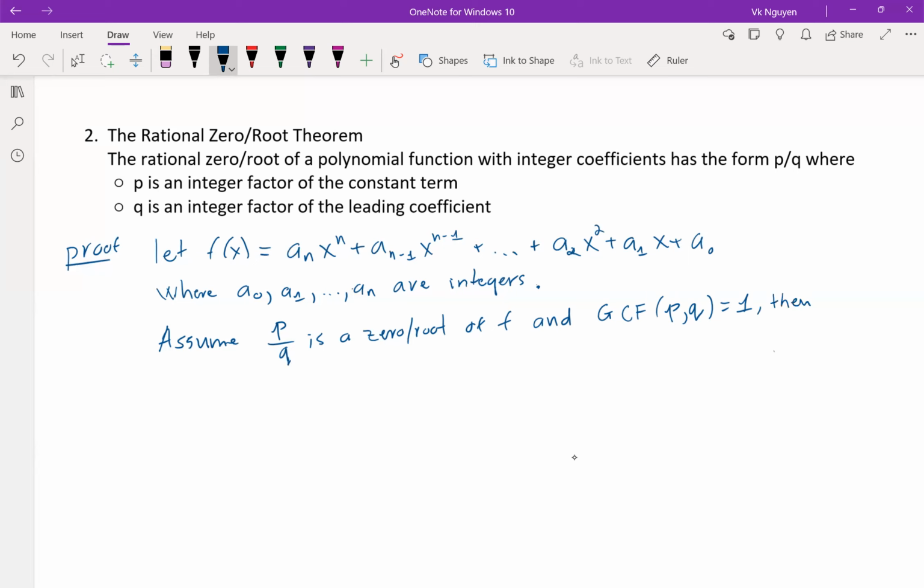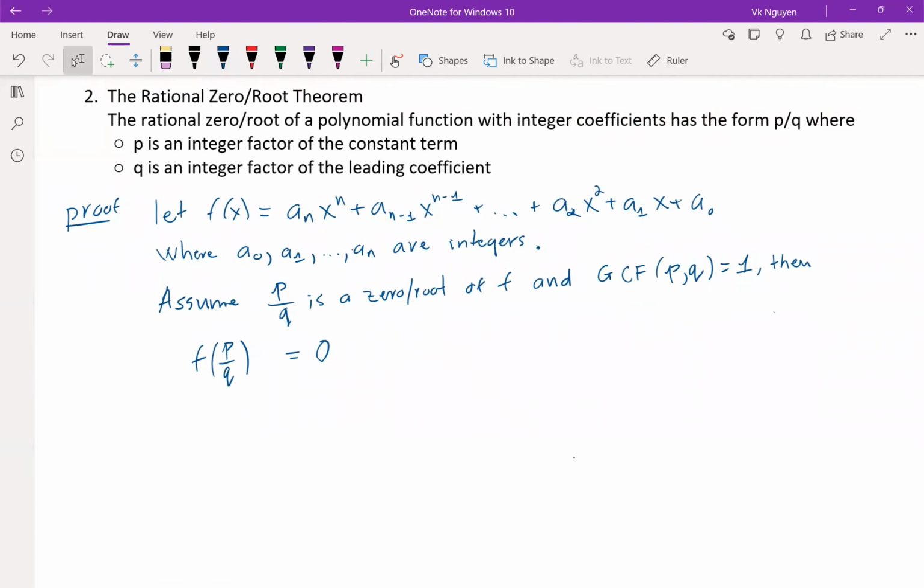Then we can do the substitution. f of p over q, now, it is a zero root, so it should be 0.